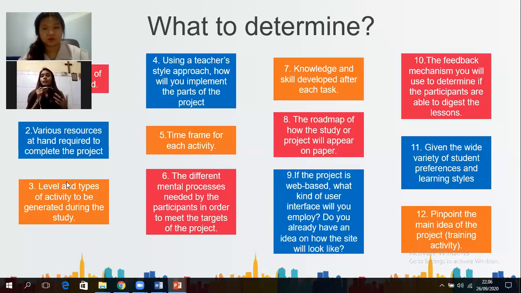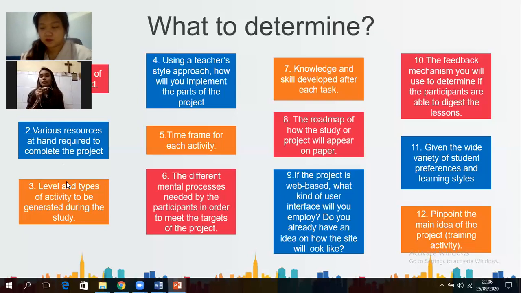The 10th one is the feedback mechanism you will use to determine if the participants are able to digest the lessons. This is basically the feedback that you will use to get to know if the students are able to grasp the lessons or not.